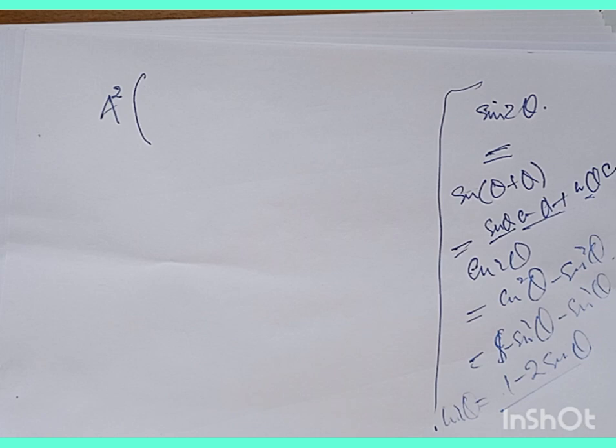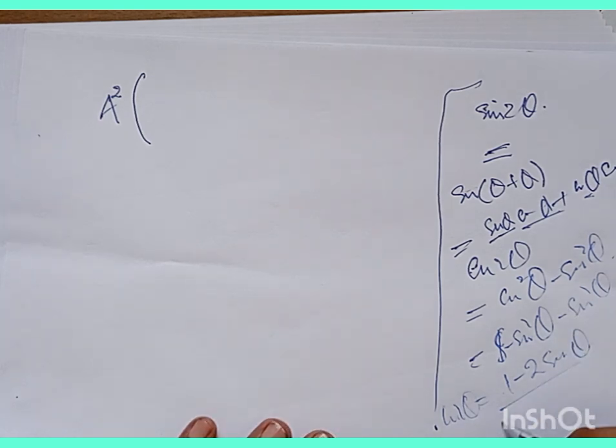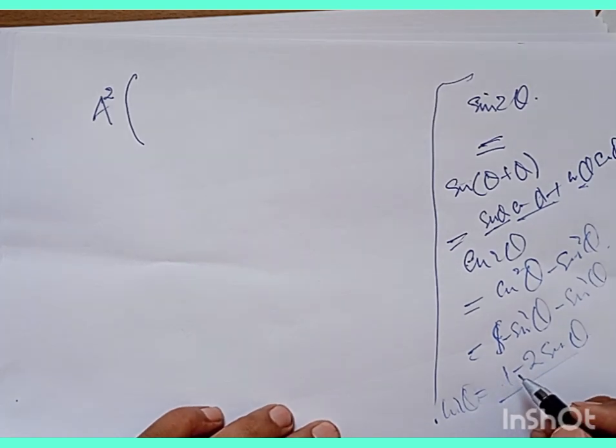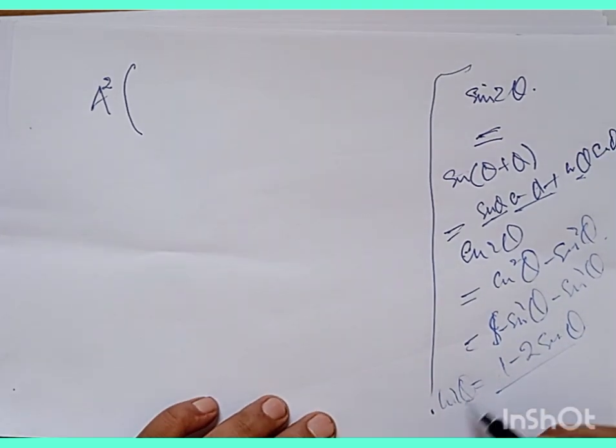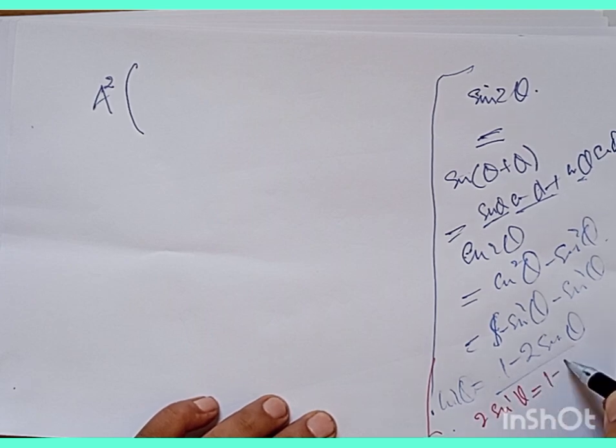From here we can obtain sin²θ. From here, twice sin²θ is 1 minus cos 2θ, so sin²θ is (1 minus cos 2θ) divided by 2.